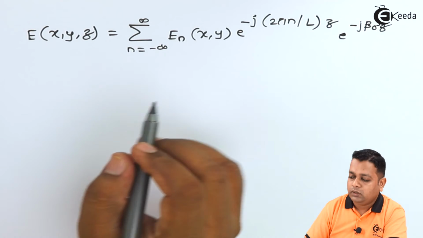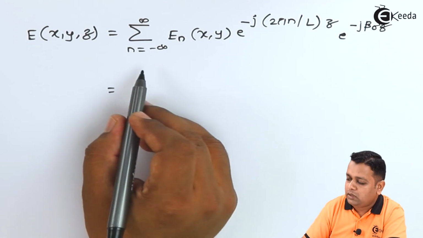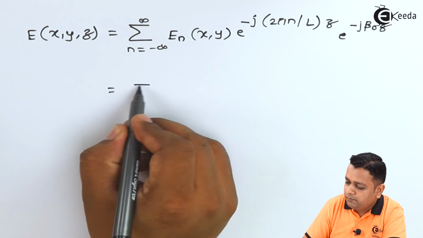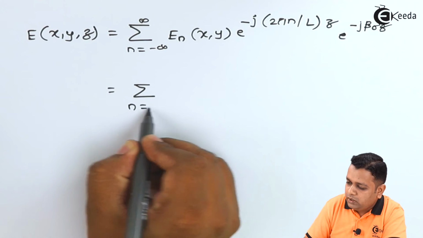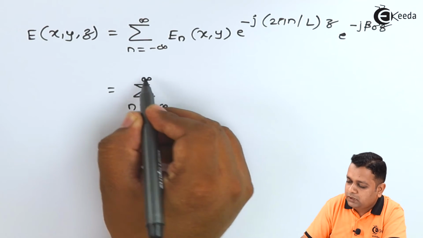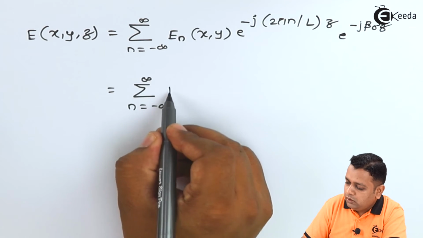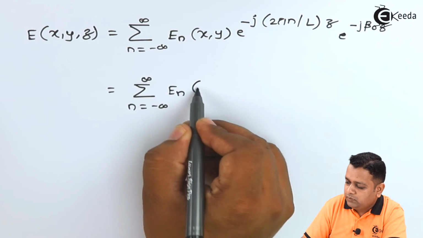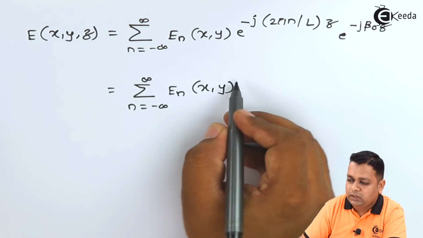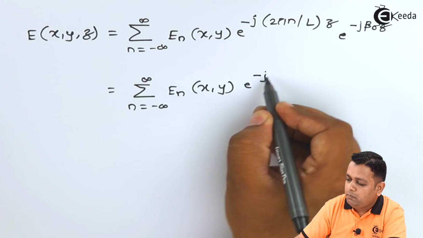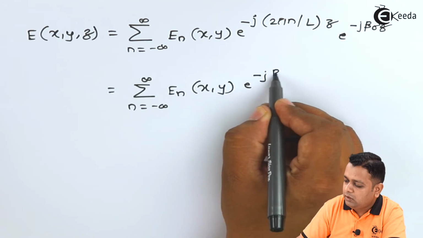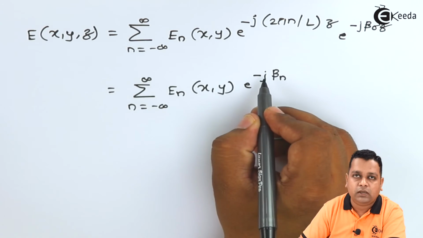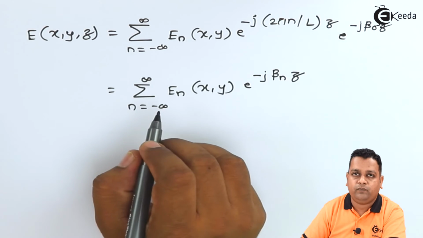By the next step we can rewrite this as simply summation n equal to minus infinity to plus infinity for E_n as a function of x, y into e to the power minus j beta suffix n into z.